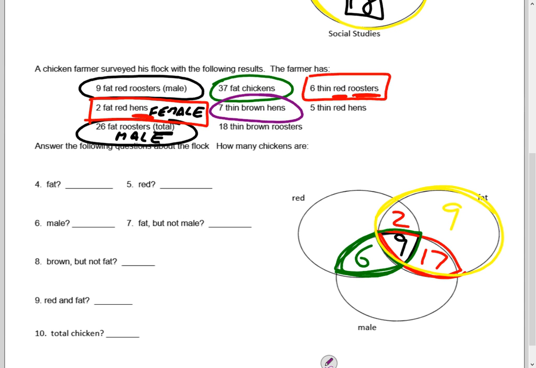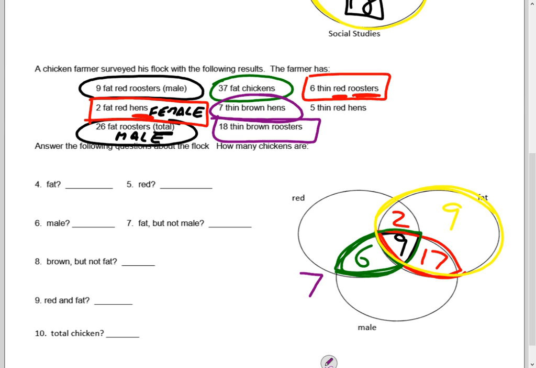Where would 7 thin brown hens go? It's not a part of any of those sets. It's thin, so it's not fat. It's brown, so it's not red. It's female, so it's not male. It has nowhere to go inside any of those sets. It goes on the outside.